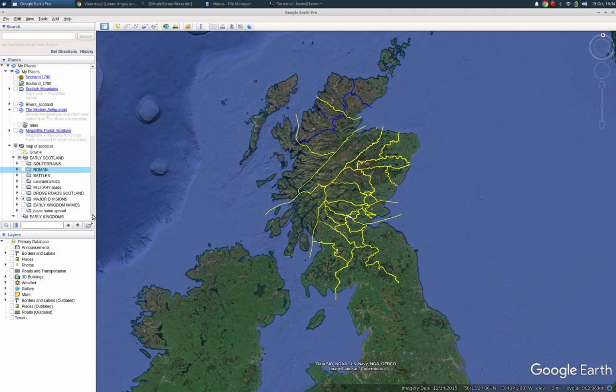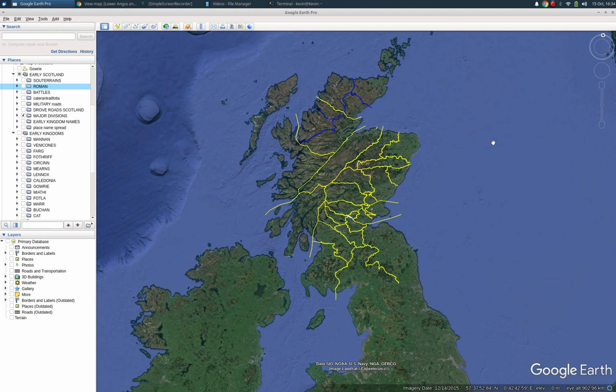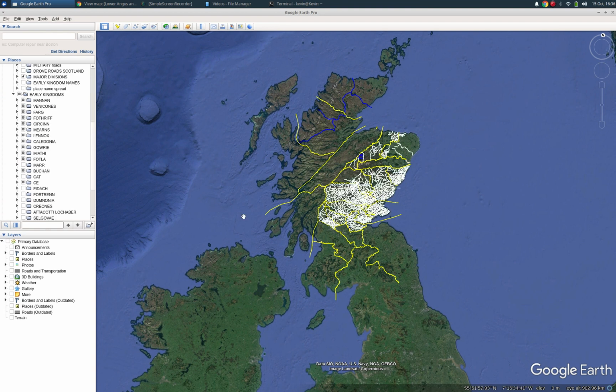Now, one of the other things, perhaps the largest piece of information on this map, is not just the major rivers, but the streams. Now we can see, plotted on this map, the extent of all of the streams, not just the rivers, but all of the smaller streams inside Scotland.